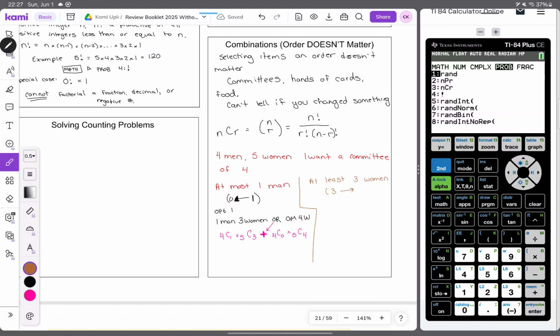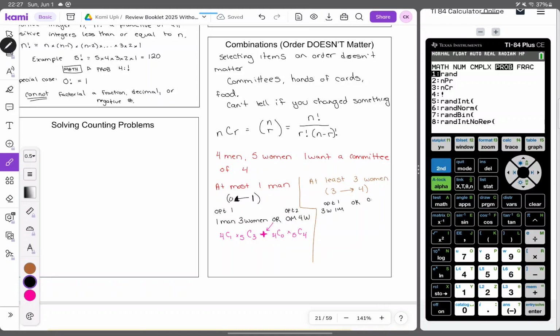And because this is a 4-person committee, we're going to run out of options when I have all 4 women, because I can't have 5 women in my committee of 4. So in this case, my option 1, I have 3 women, 1 man.